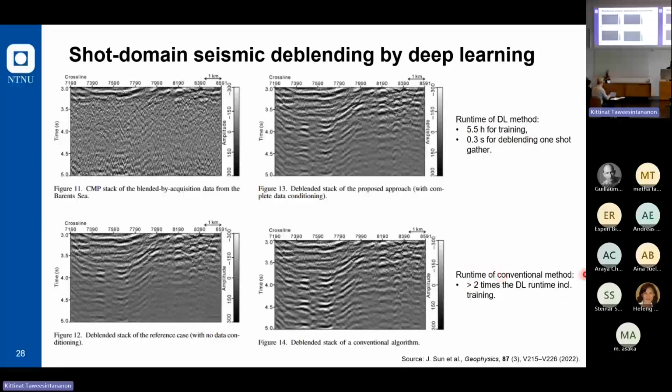The runtime of the conventional method is about 2 times the deep learning runtime, including training. So we see some opportunity that if we have a very nice deep learning model, we can reduce human time and processing time, as you can see here.